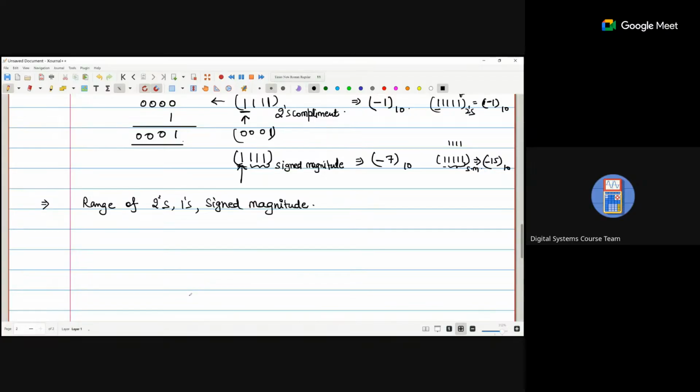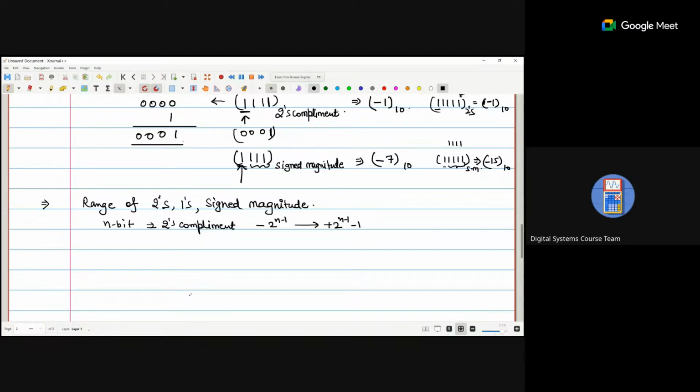If we are talking about the range, for n bits, the range of a two's complement number is minus 2 raised to power n minus 1 to plus 2 raised to power n minus 1, minus 1.